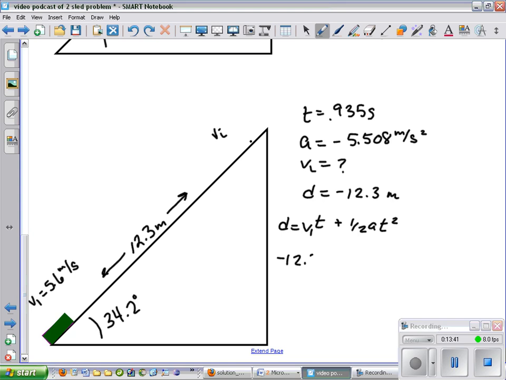So negative 12.3 equals Vi times 0.935 plus one half times negative 5.508 times 0.935 squared. Squeeze that in at the last second there.